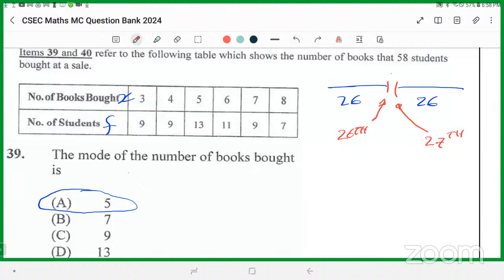So how do you find those now? You have to add up these numbers this way. You have 9 students who bought 3 books each, and 9 more students who bought 4. So you've got 18 students already. So you're adding up until you reach the student you need. Here you have 9 so far, and when you reach here, you have 18. And you're going to add this 13 to that. You're going to get what?